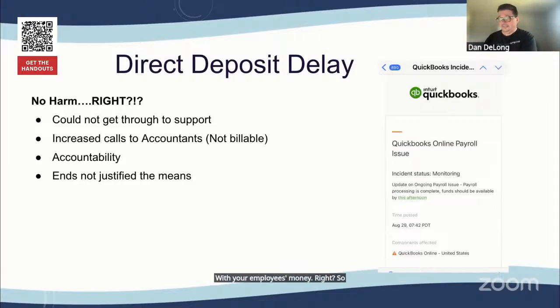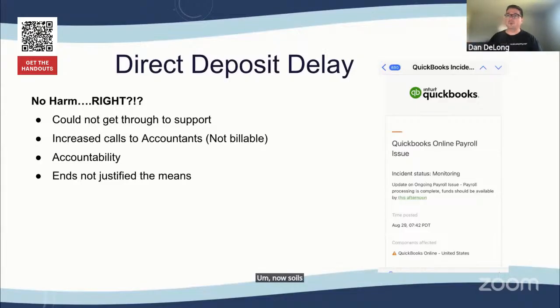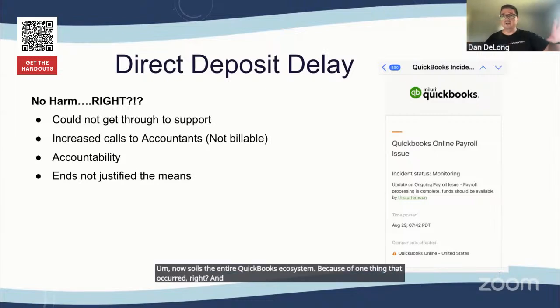So this hiccup, as minor as it was, done in the same day, now soils the entire QuickBooks ecosystem because of one thing that occurred, right? And it doesn't take long to search our Facebook group to find another one.